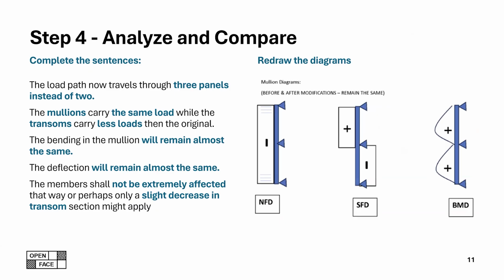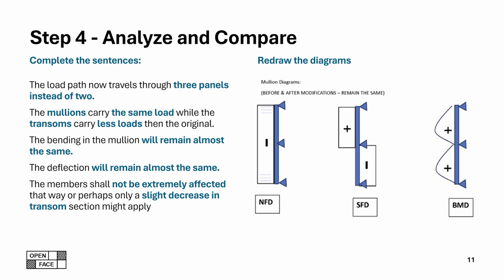It's reasonable that the diagrams for the mullions remain almost the same before and after the modification. Maybe some small addition here would be the effect on the transom, which is actually where the design modification has the biggest impact.